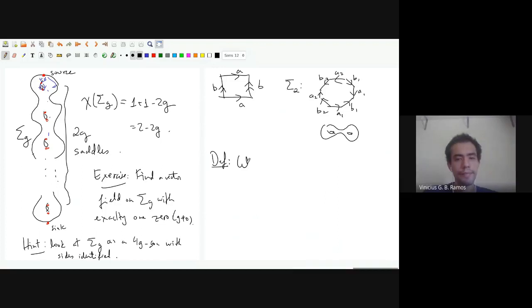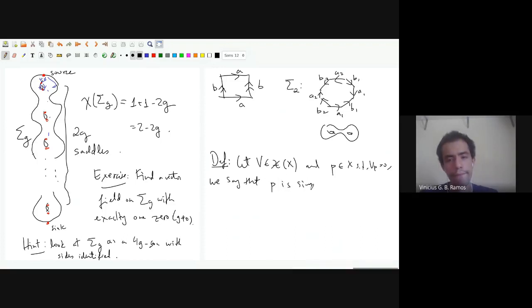So if I take a vector field and a point P such that V(P) is equal to 0, we say that P is simple if 0 is a regular value of the local representation.